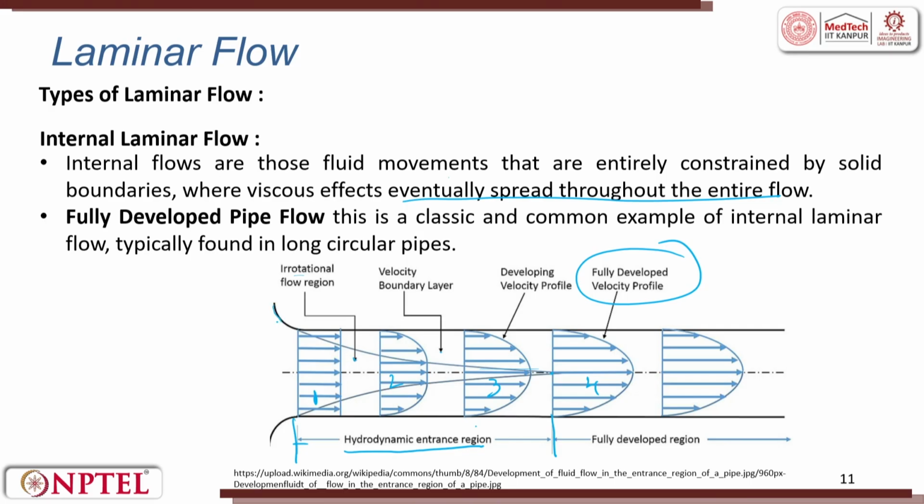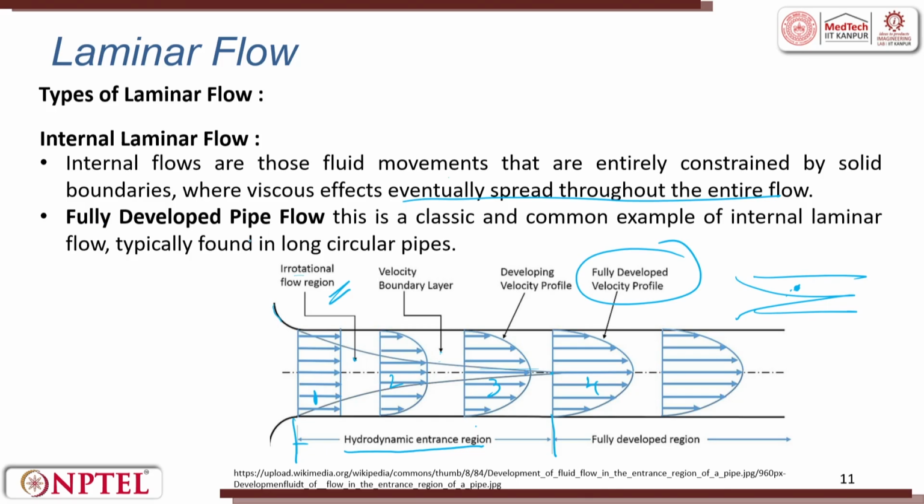In a pipe you see something like this, right. This front portion is called the irrotational flow regime, and what is outside is the velocity boundary layer, and then the developing velocity profile forms.